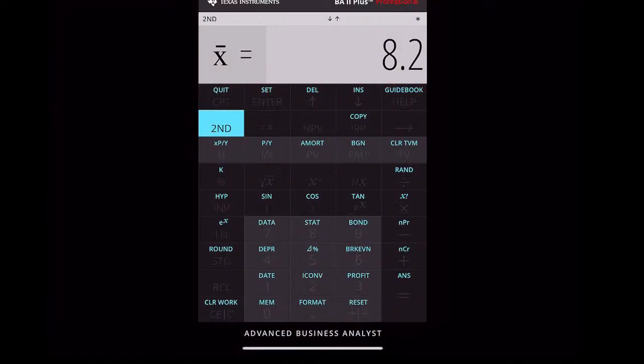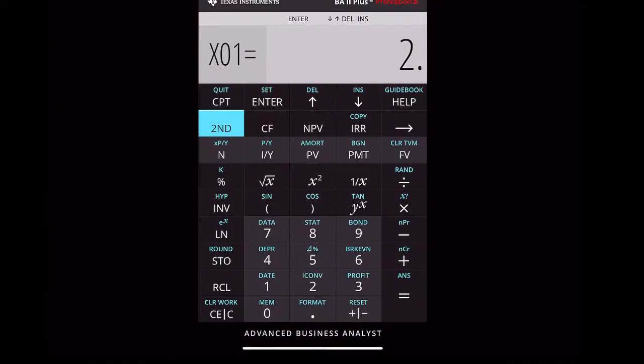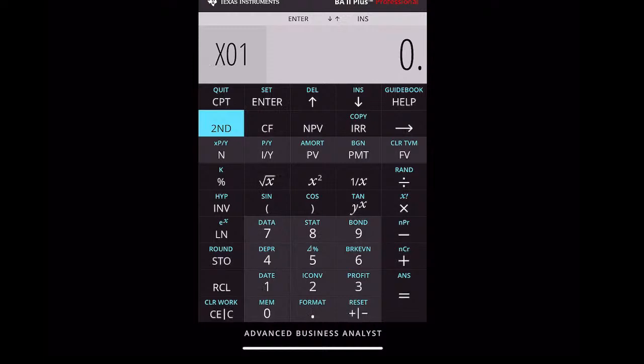So I'm going to clear, second clear, so it's clear now. And I'm going to enter the data.